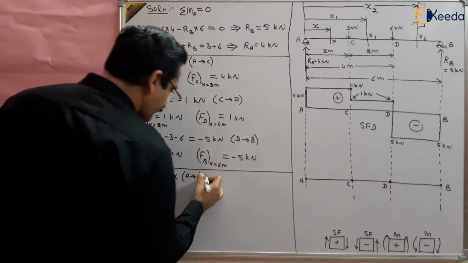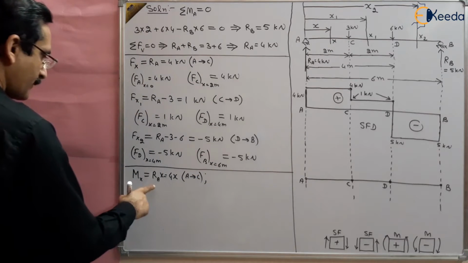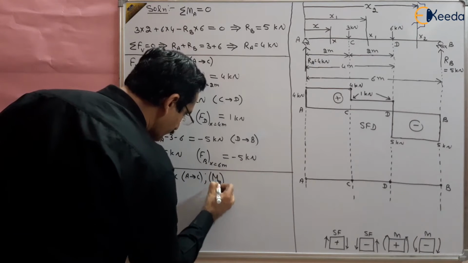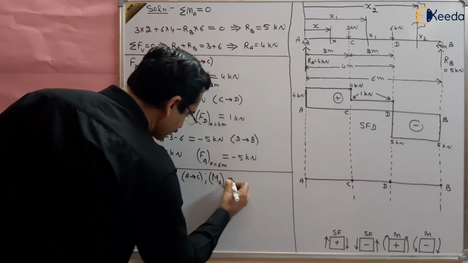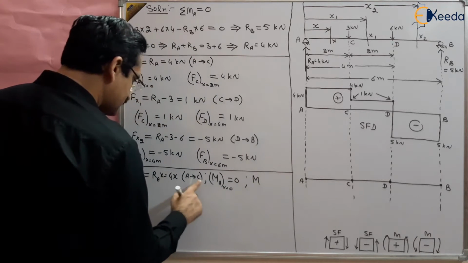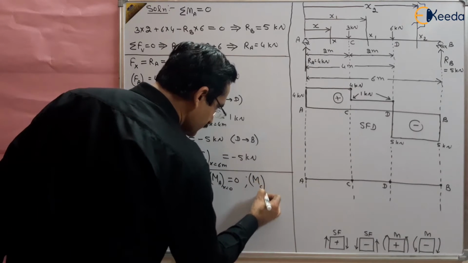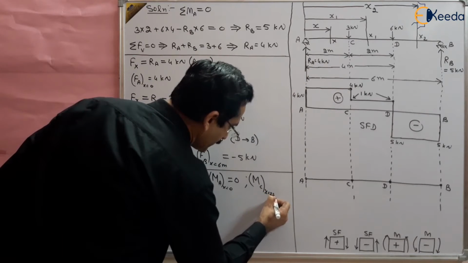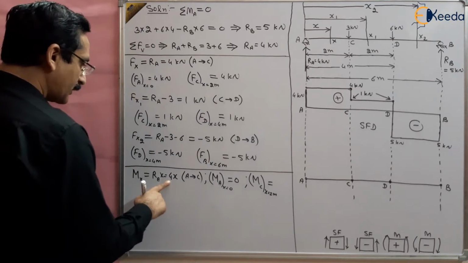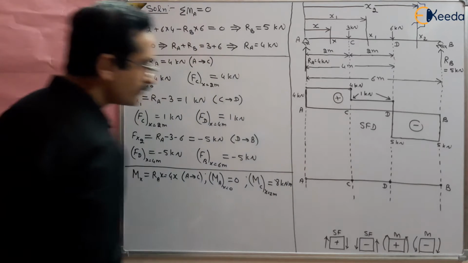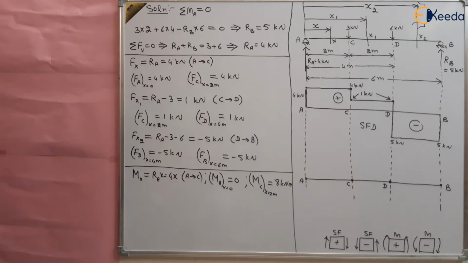right? Then what is MA at point A? At a distance of x equal to 0, this will be equal to 0. And what is MC? At a distance of 2 meters, x equal to 2 meters, that will be equal to 2 multiplied by 4, that is 8 kilonewton meter.